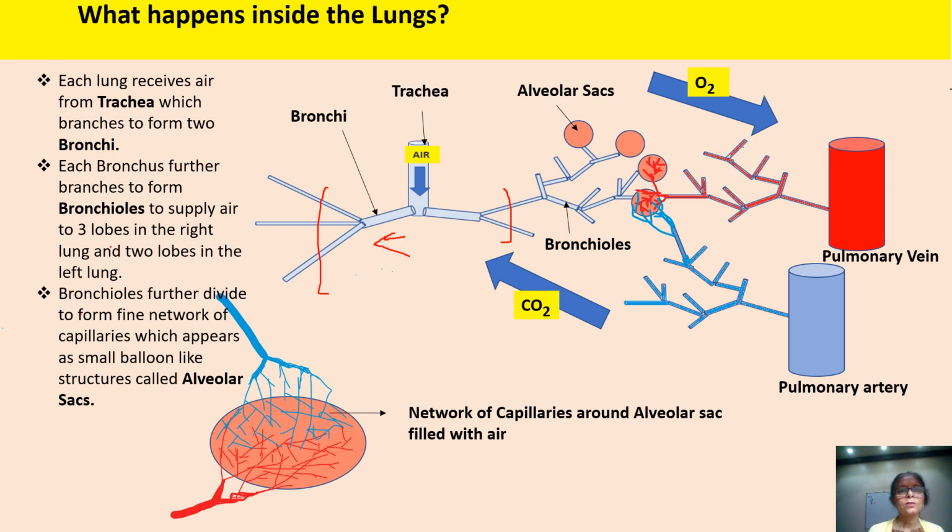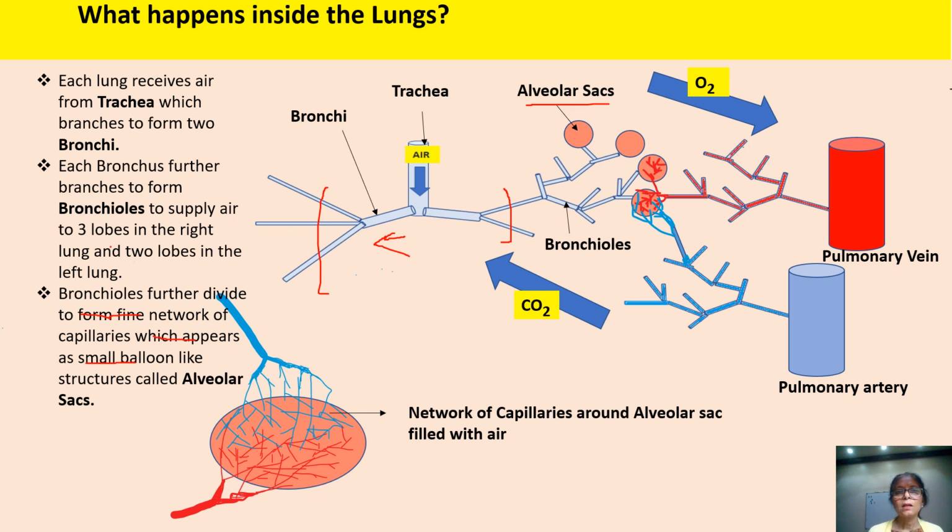Bronchioles further divide to form a fine network. These appear as small balloon-like structures filled with air. These are known as alveolar sacs.